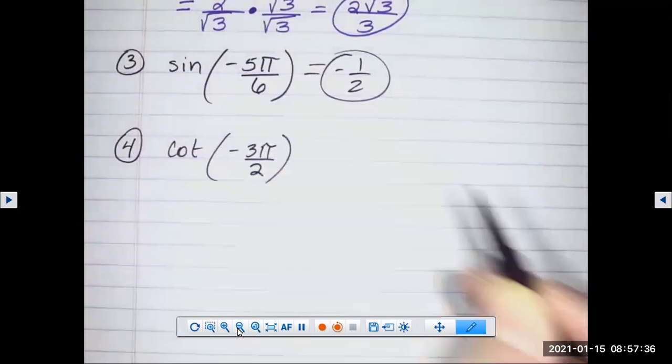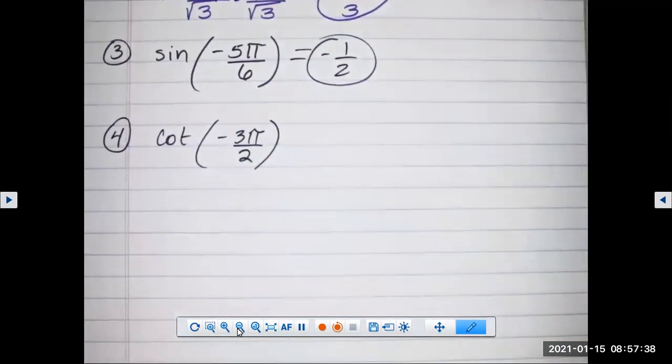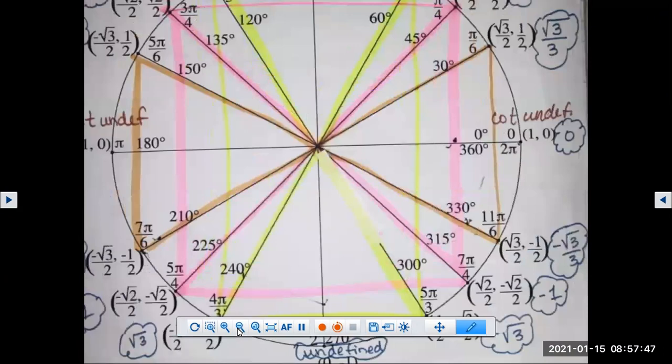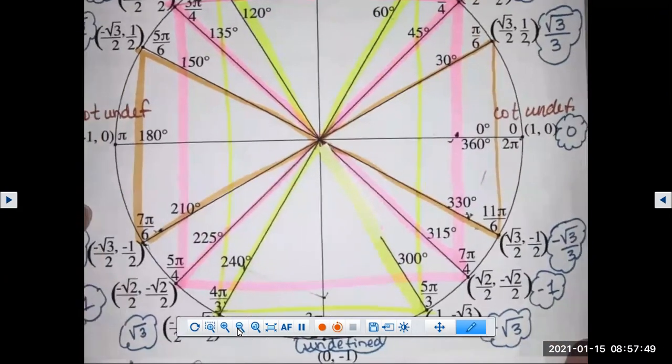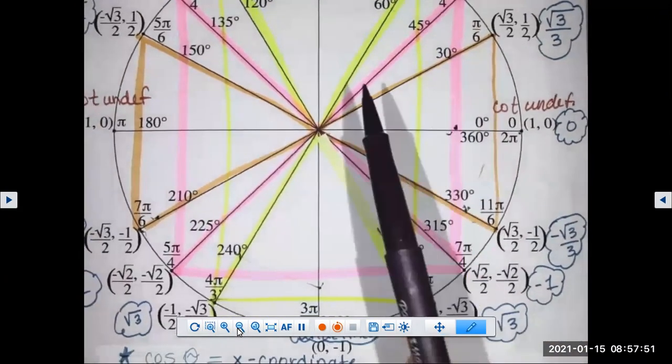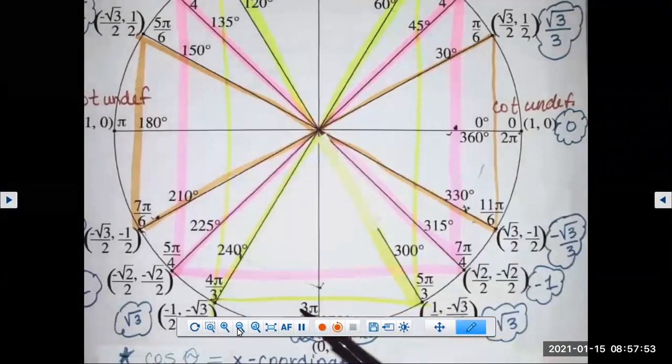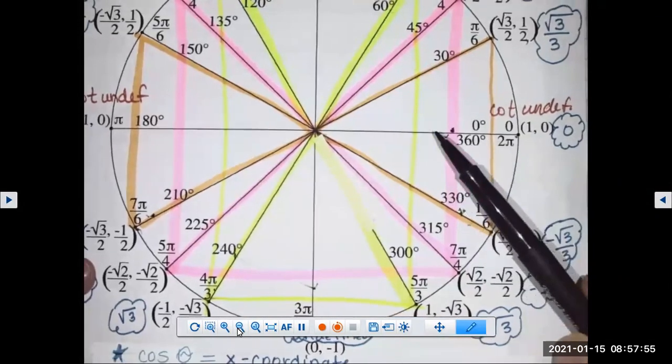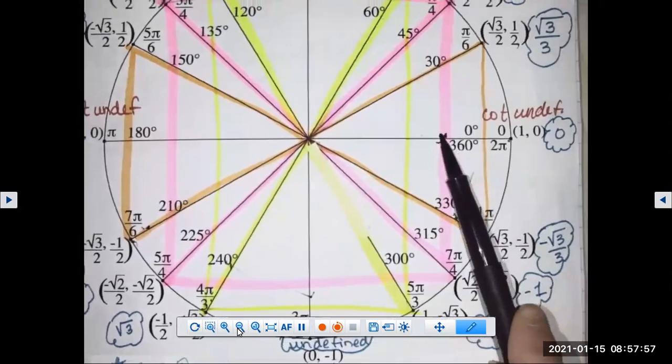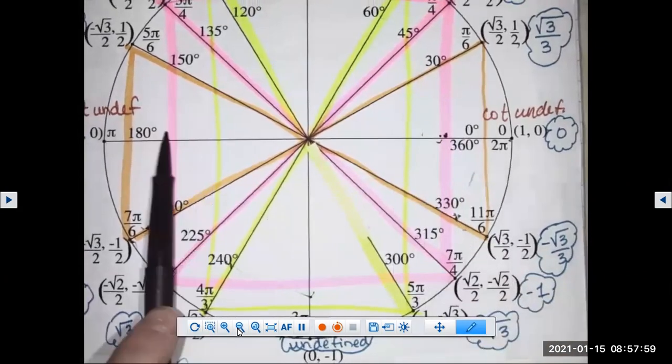Cotangent of negative 3 pi over 2. Notice in the positive direction, 3 pi over 2 was 3 complete quadrants. So if you're going in the negative direction starting here, you go 1 quadrant, 2, 3.